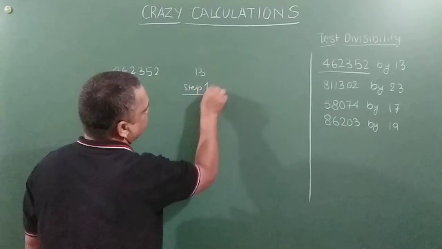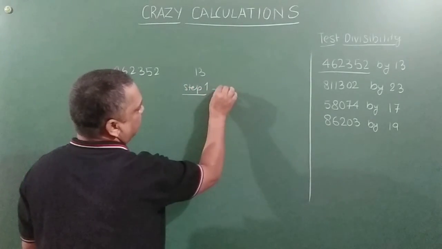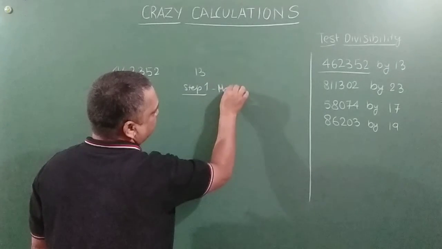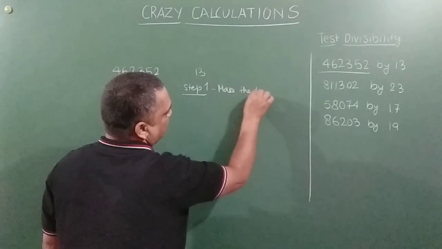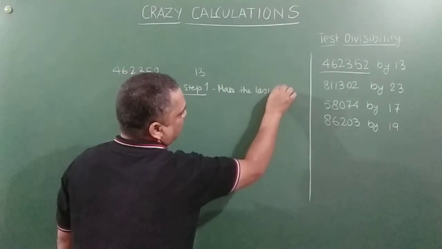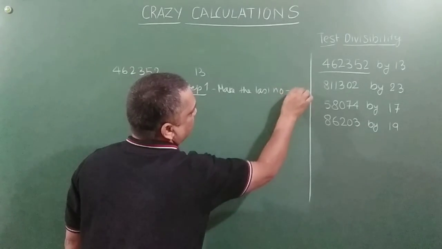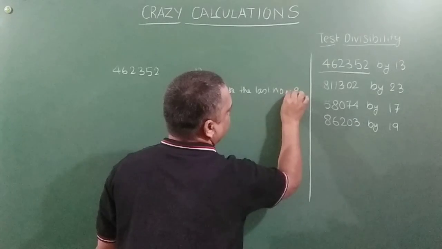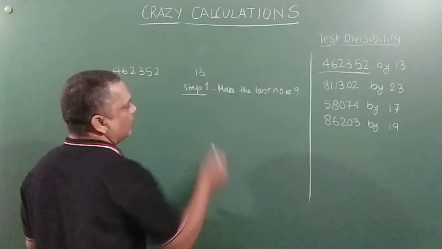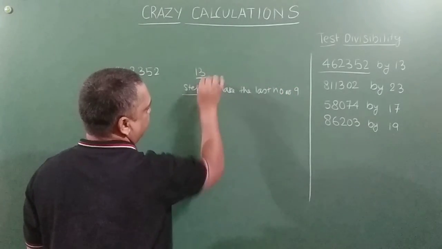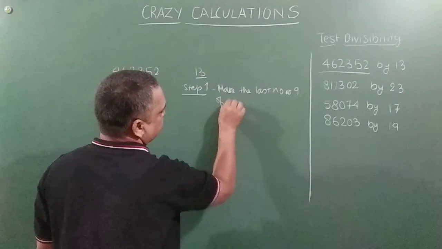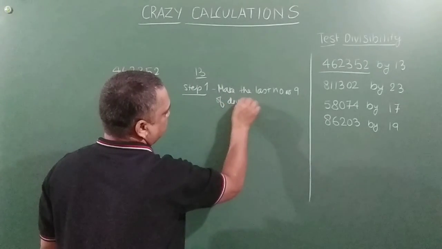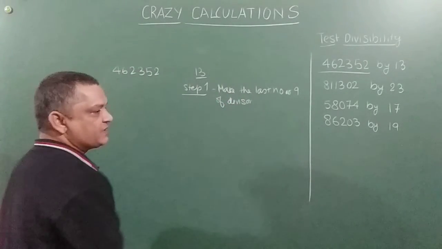Step 1 says: make the last digit of the divisor equal to 9. So how is that possible, friend?